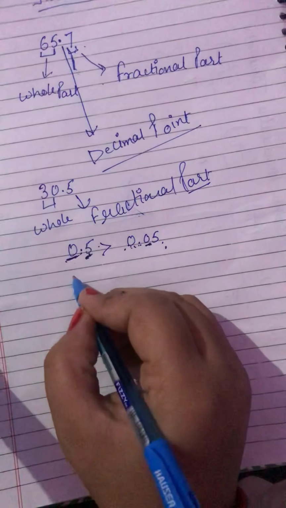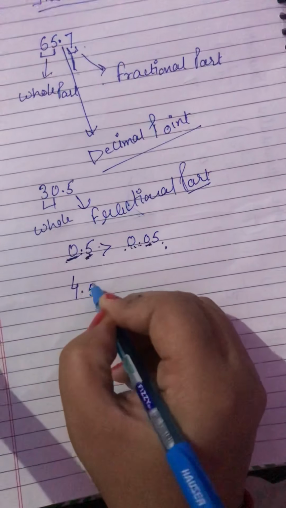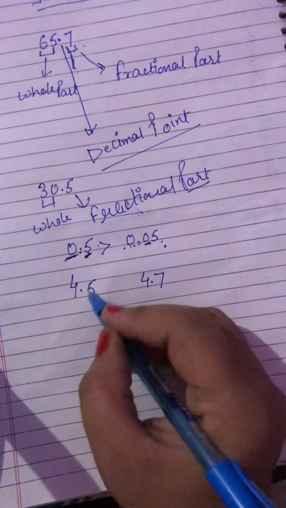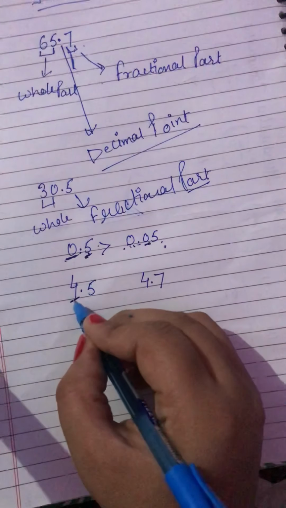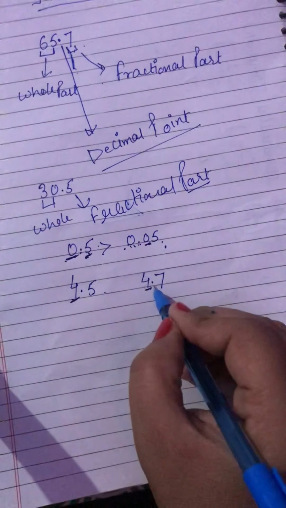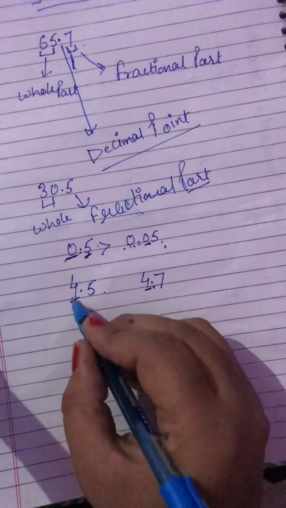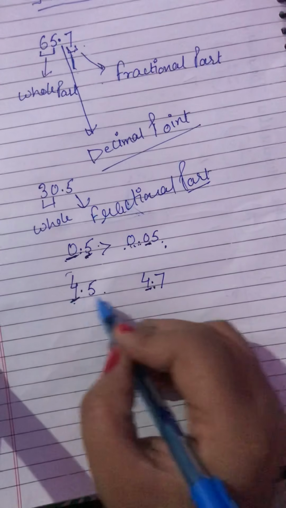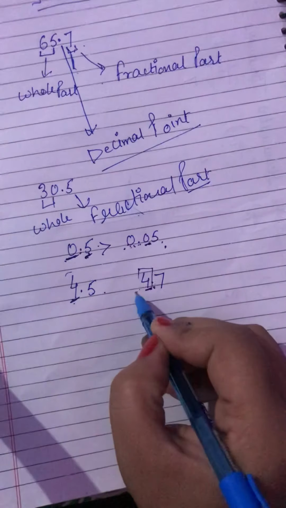Again I can take another example, 4.5 and 4.7. Which number is greater? First of all, we'll compare the number at the first position, 4 point something, and this is also 4 point something. This is also 4, this is also 4.